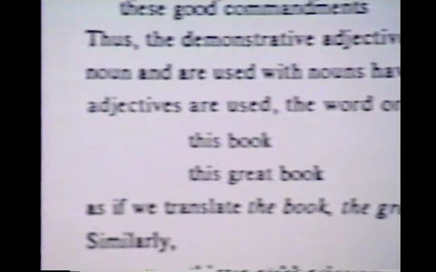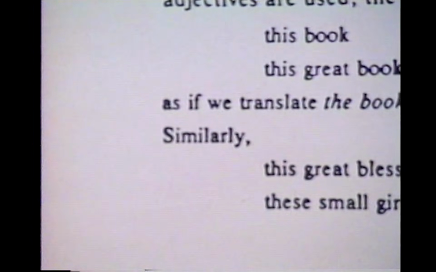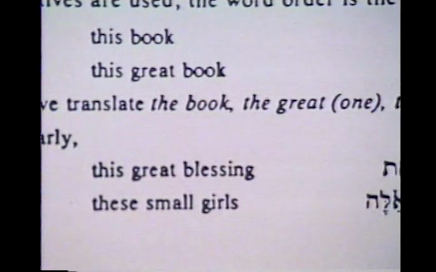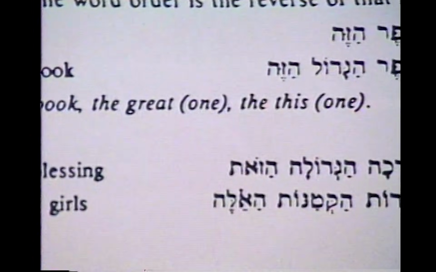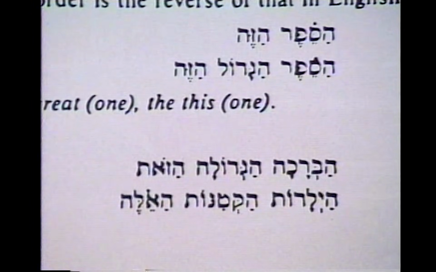All right, move down to the next example. We translate the book, the great one, this one. We have this great blessing and these small girls. All right, let's look at how that would be in Hebrew. You've got ha-beracha ha-gedolah hazot. So you've got the blessing, the great, this.